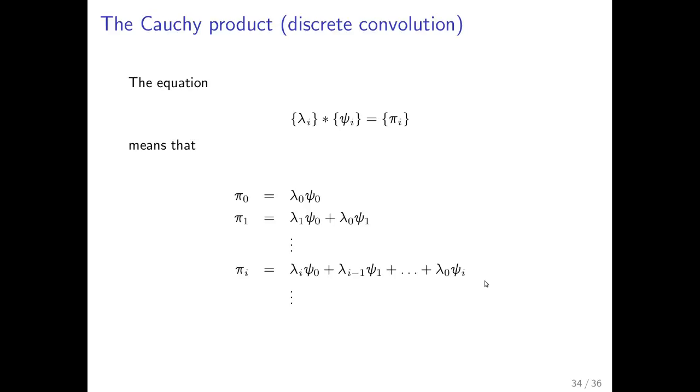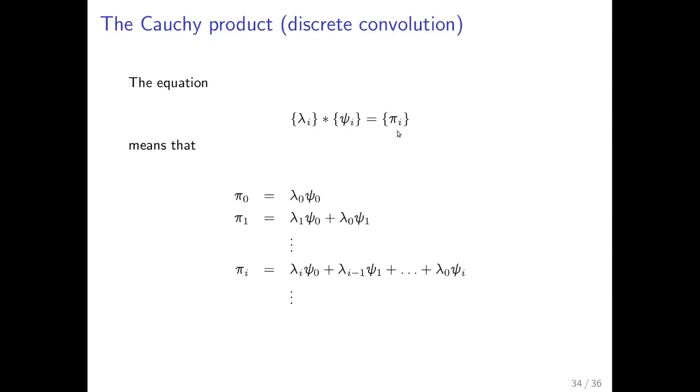A little bit more complex structure is here. The Cauchy product of operators is the so-called discrete convolution. Basically what this means is that for the product of lambda with psi to get pi, you have to make sure that you have the sum of all elements in the two things that you are convolving.